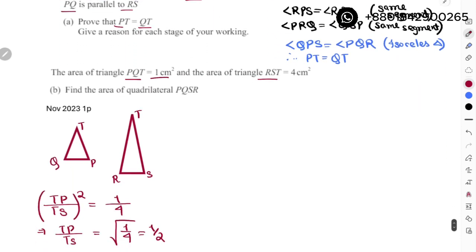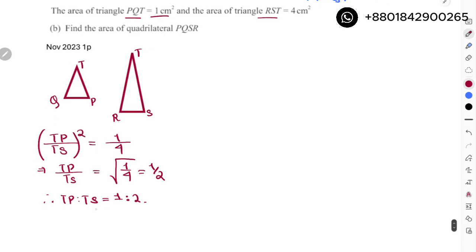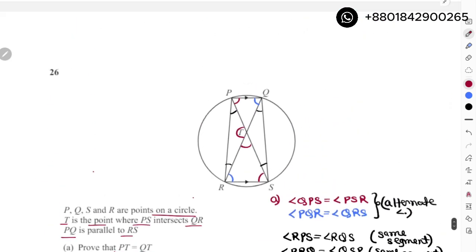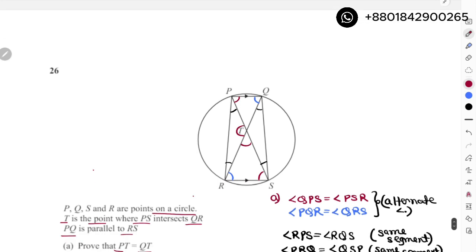Now in this case we have the ratio, but using this ratio we'll go back to this part. At this point, I want to first find out the area of PTR and QTS, these two triangles.